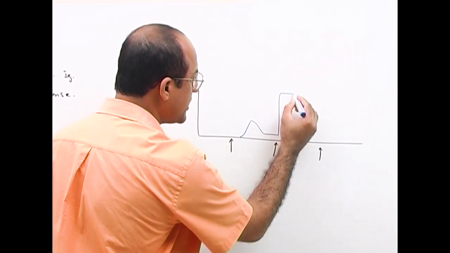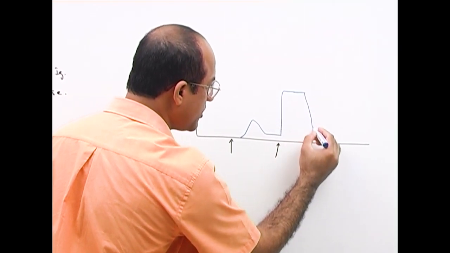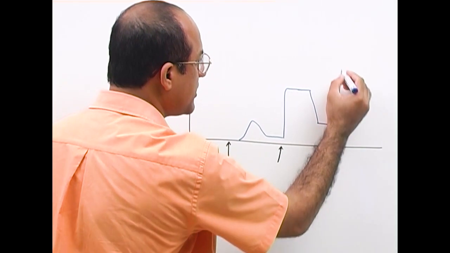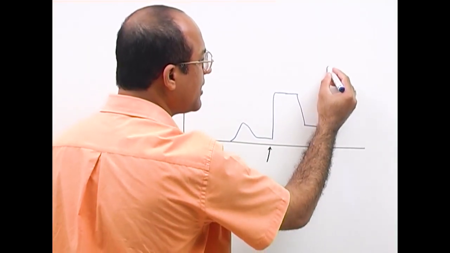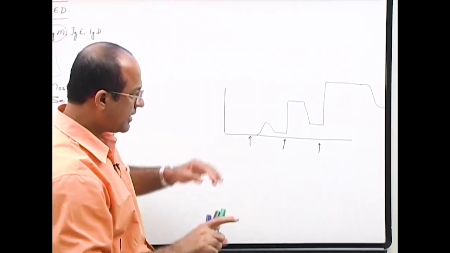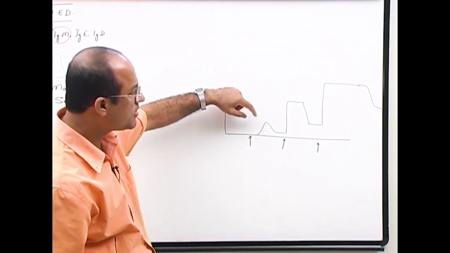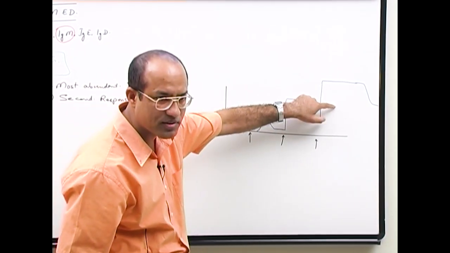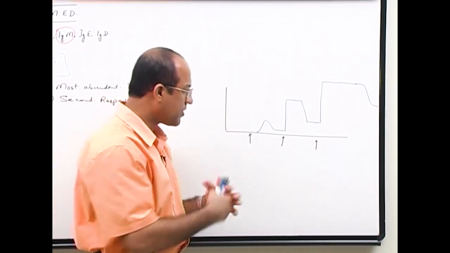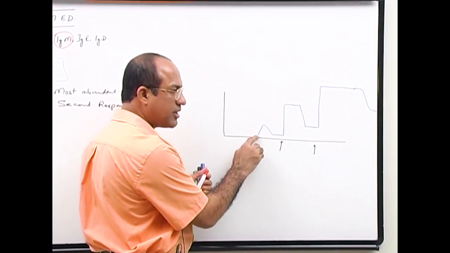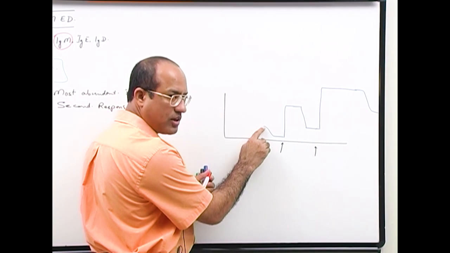After that there is a secondary immune response, and with repeated exposure there is another secondary immune response. Again I will repeat, as I mentioned previously, there is a big difference between primary and secondary immune responses, right?